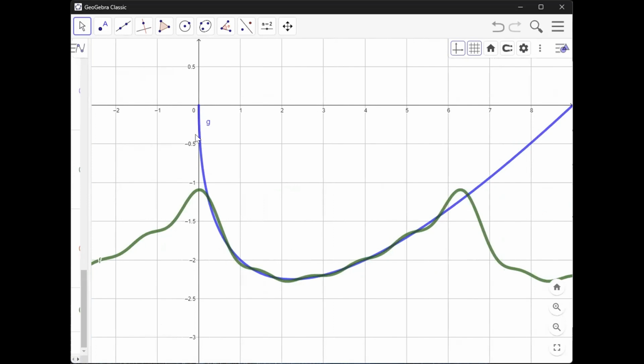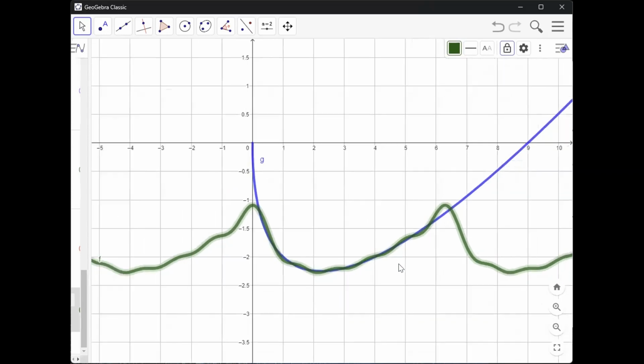You'll notice that the green function, which is our representation of g of x under this basis, you can see it doesn't quite get to the function until a little bit after, but it does a reasonably good job of approximating g of x on this interval, with the endpoints having a little bit of flaring off.